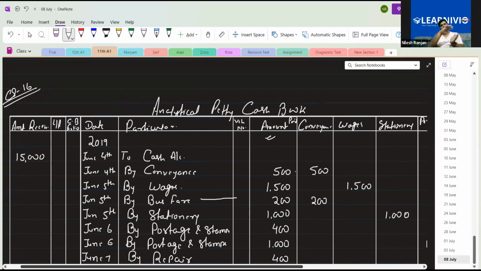So actually you can change it, not in portrait form. You have to prepare it in landscape mode in your notebook. If you are using a big notebook, then you have to use landscape mode so that you can easily write everything on a single page.